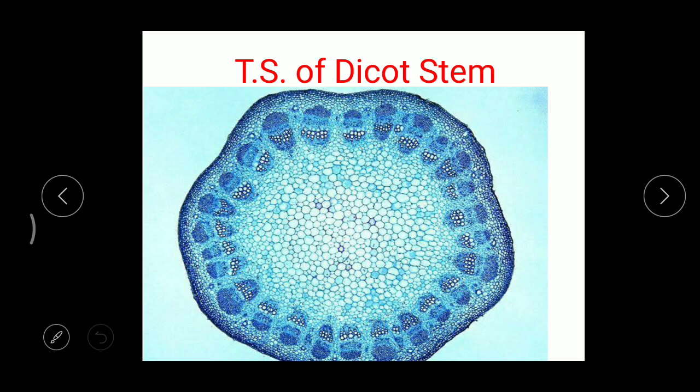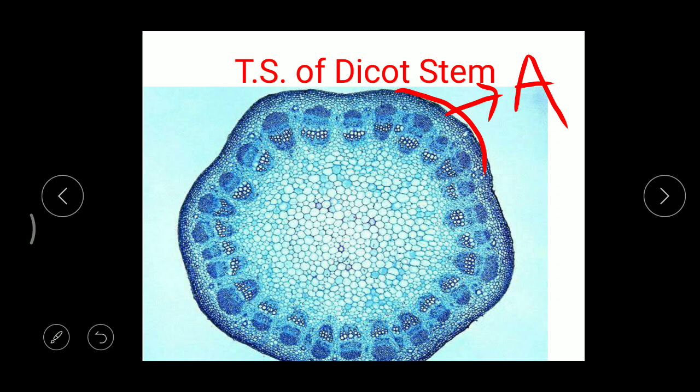Now take the outermost layer. This layer is made up of a special type of cells, and they come under group A cells. As they are present outside, what is their main function? They are mainly responsible for giving a shape to this structure, and at the same time they give protection to the inner parts.